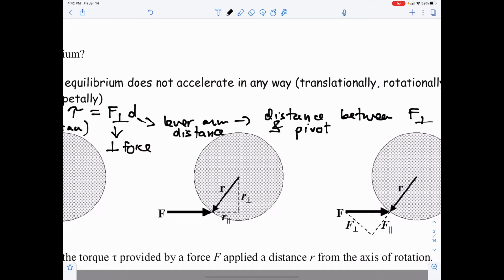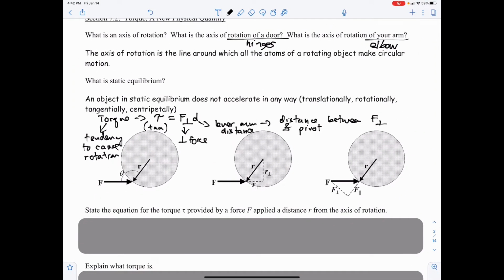The pivot is the point of rotation or fulcrum, whichever word you choose to use. So this force right here is not supplying a torque. Rather, it is the perpendicular component of force that is able to twist and rotate this wheel.